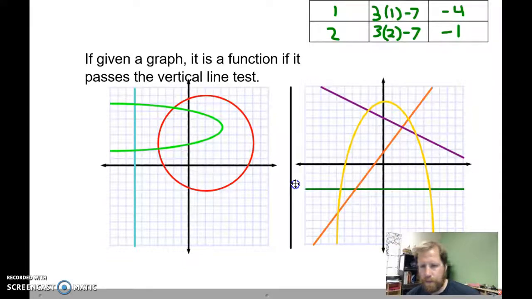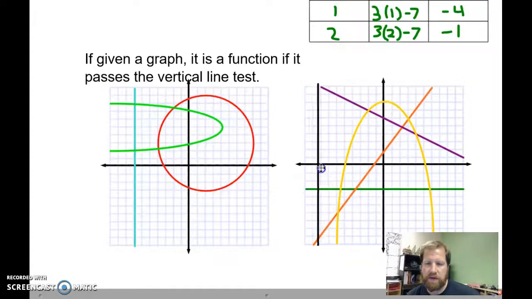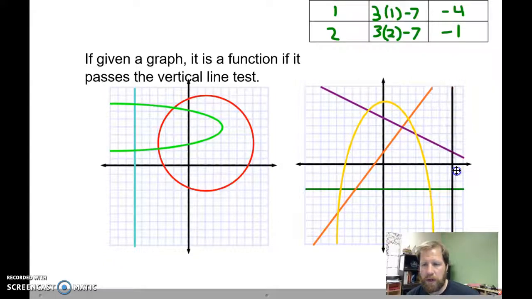For this one, you can see for this green line straight across, I'm only ever going to touch it in one place at a time, so that's a function. This orange line, I'm only going to touch in one place. Same thing with that purple one.